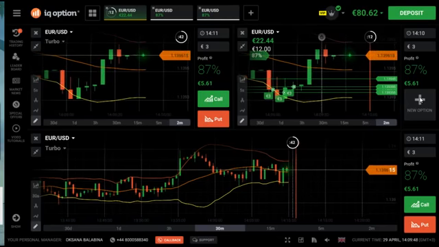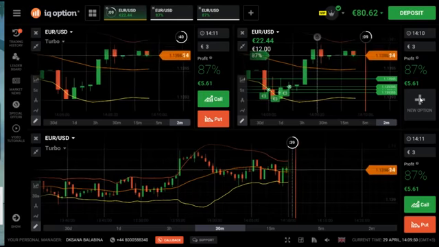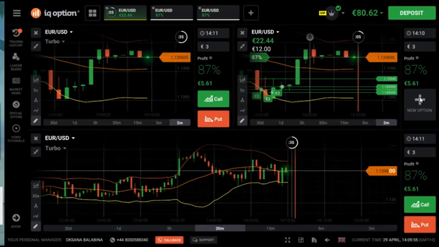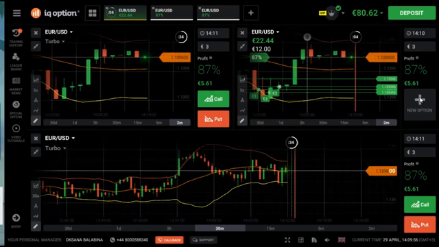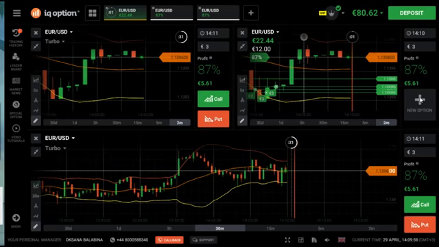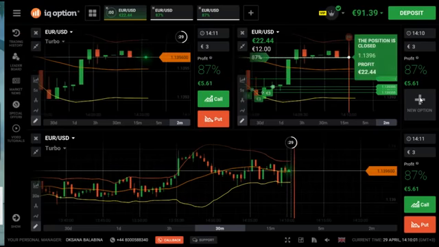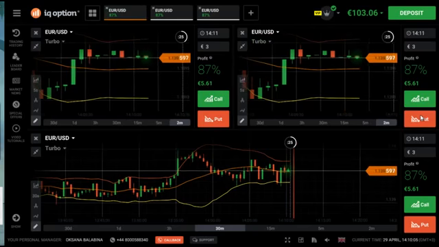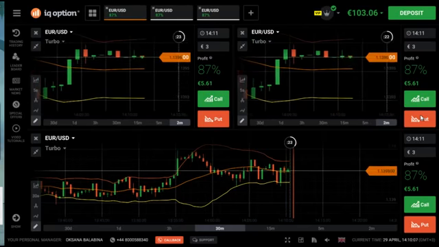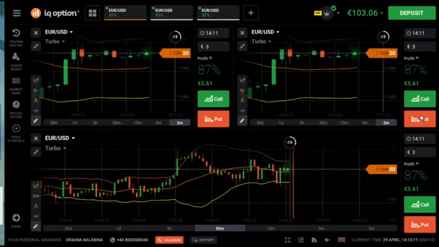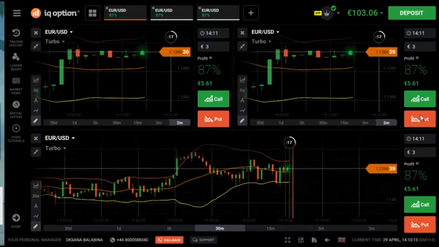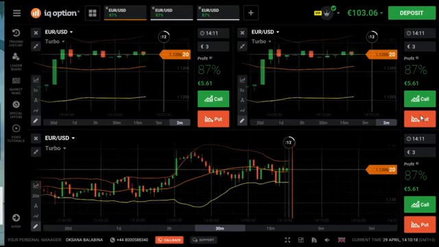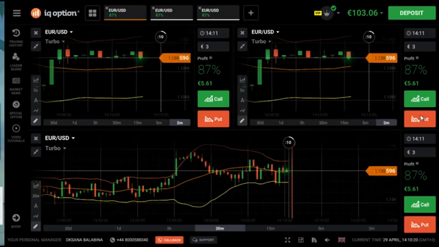So I'm just waiting for this option to be concluded, and then I wait for either a candle to hit or penetrate out of the Bollinger Band. So now it's a waiting period. It's not worth trading. It's totally undecided, as you can see.